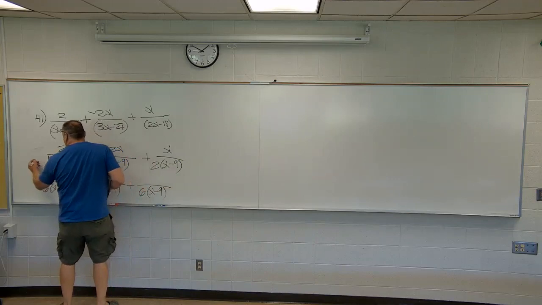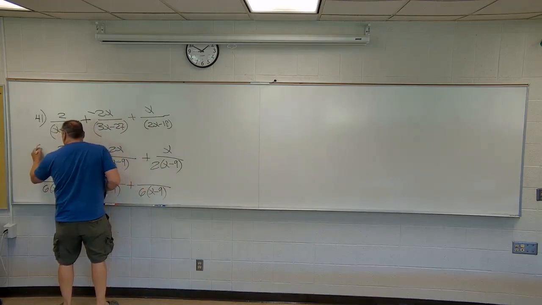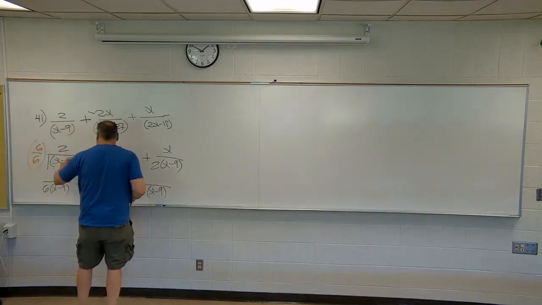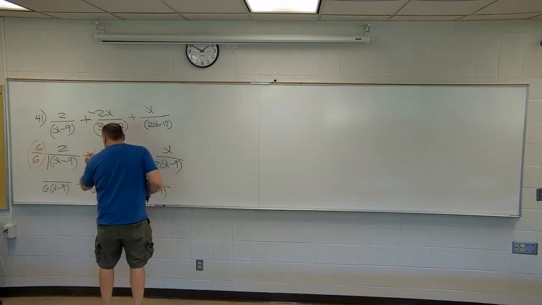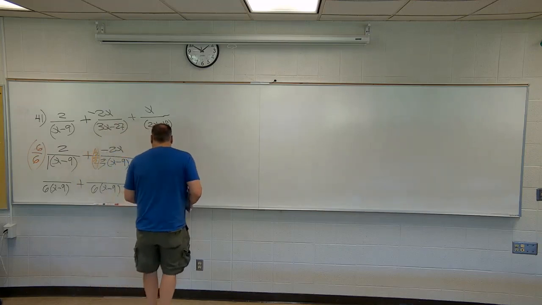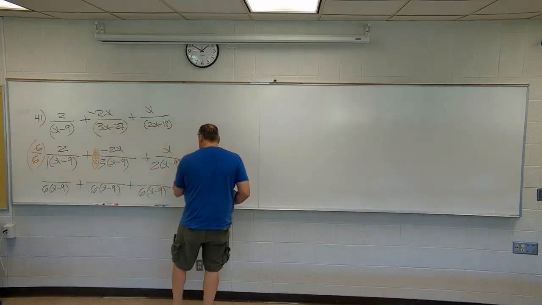You multiplied the bottom by 6. Now you multiply the top by 6 too then. Special 1, 6 over 6. You multiplied the bottom here by 2. Now multiply the top by 2. You multiplied the bottom here by 3.